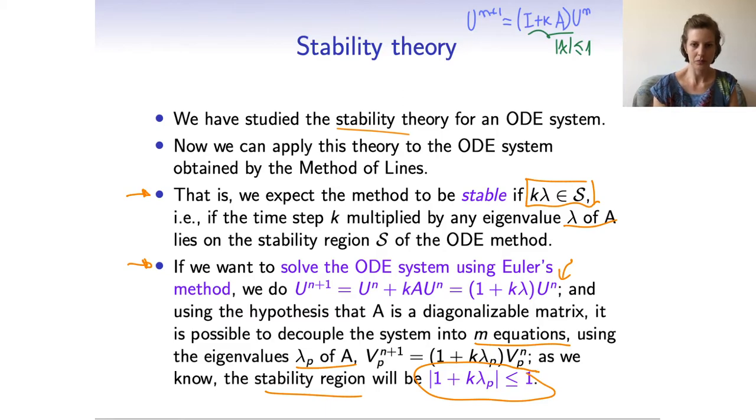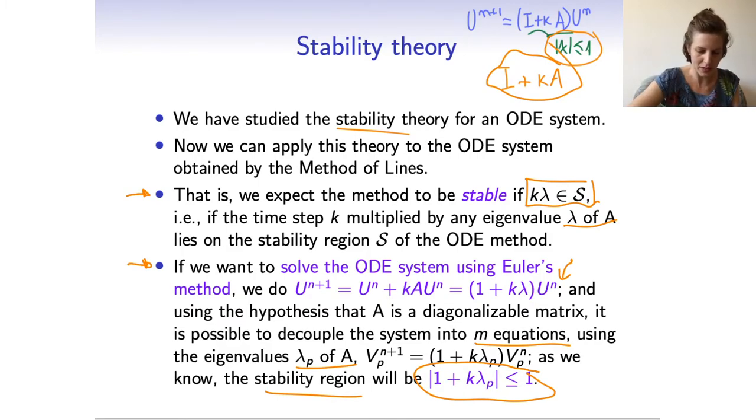Here it is the same, because the eigenvalues of the matrix are the same, so it's the same to ask the restriction for the eigenvalues of this matrix, or calculate the eigenvalues of the matrix A and ask for this restriction here.